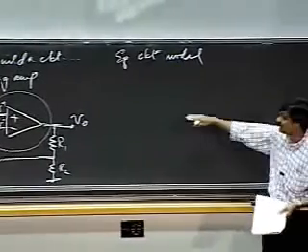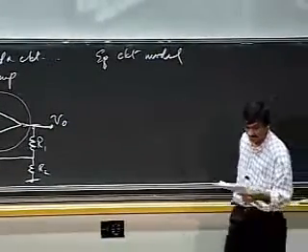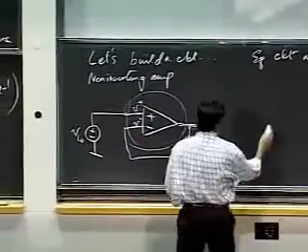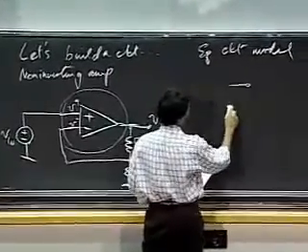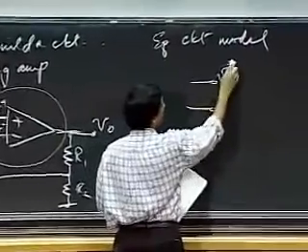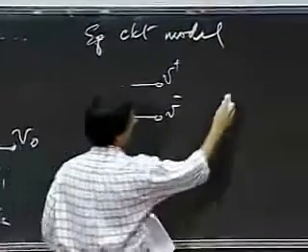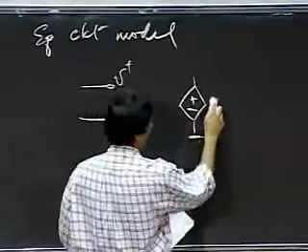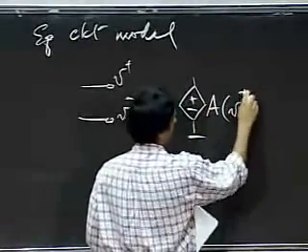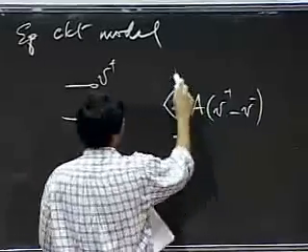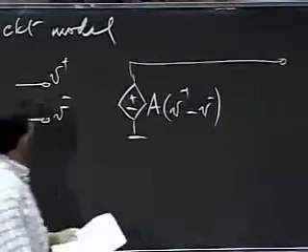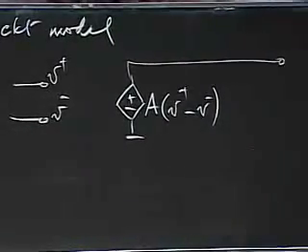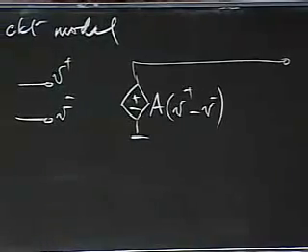Even with this grinding analysis, it's going to be pretty simple. So I'll replace the op amp with its equivalent circuit model. Its equivalent circuit was V plus, V minus. That was the equivalent circuit model of the operational amplifier.